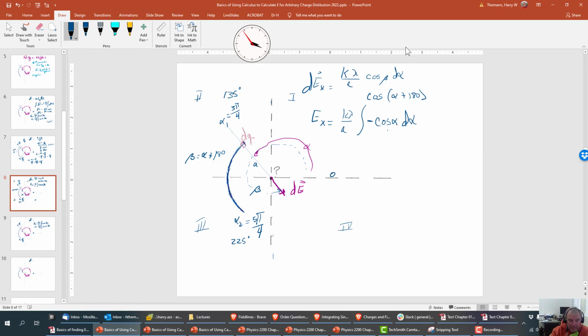Okay, so let's take a look. If I integrate this, I get k lambda over a, and the integral should be minus sine of alpha, and I'm integrating from 3 pi over 4.